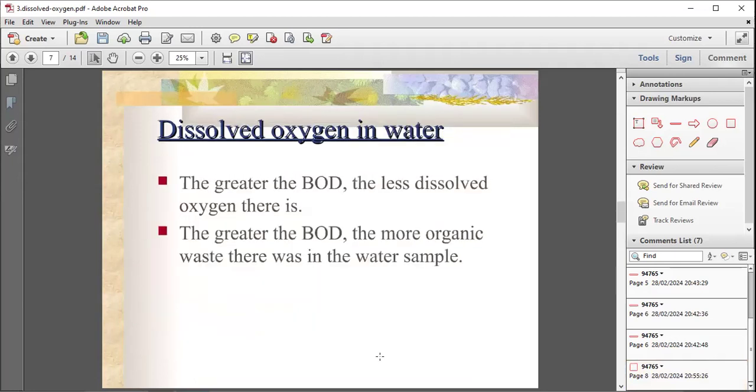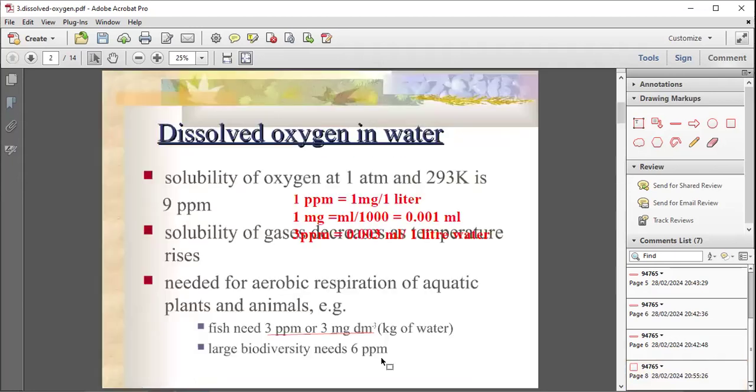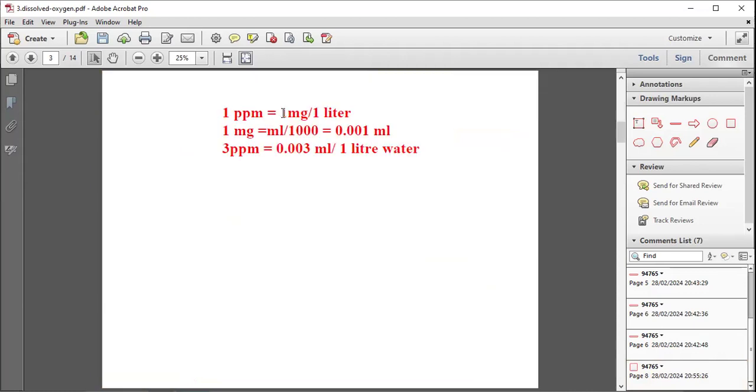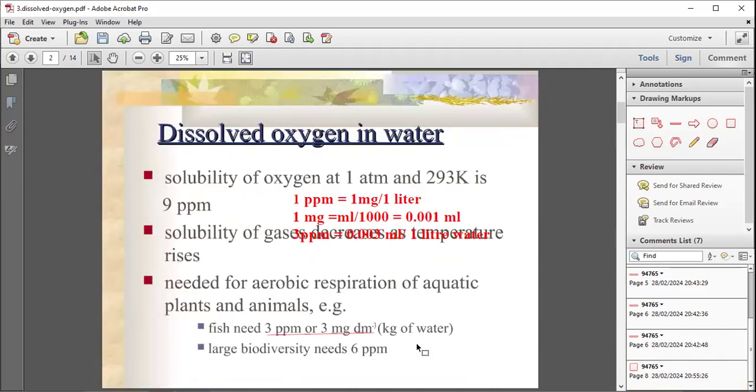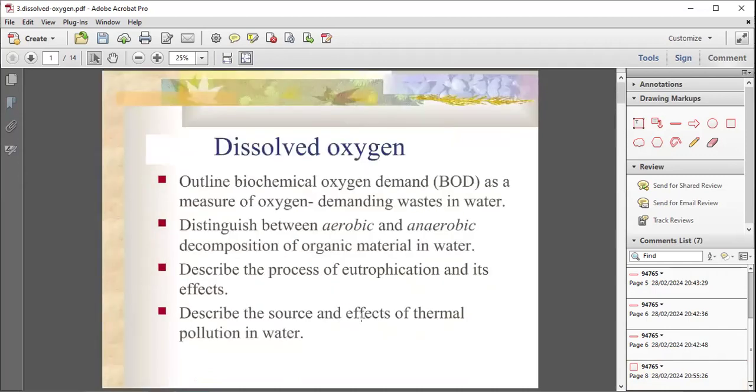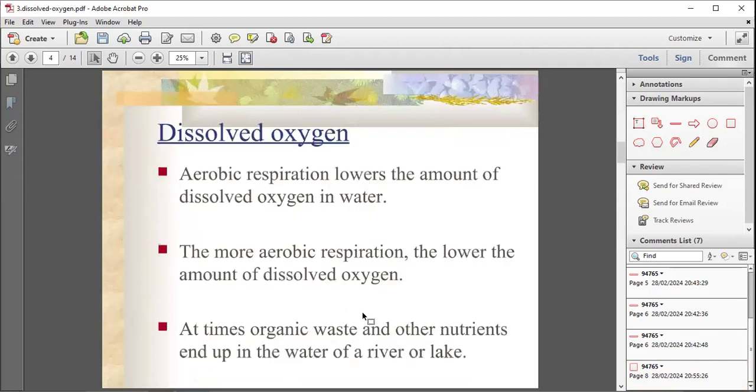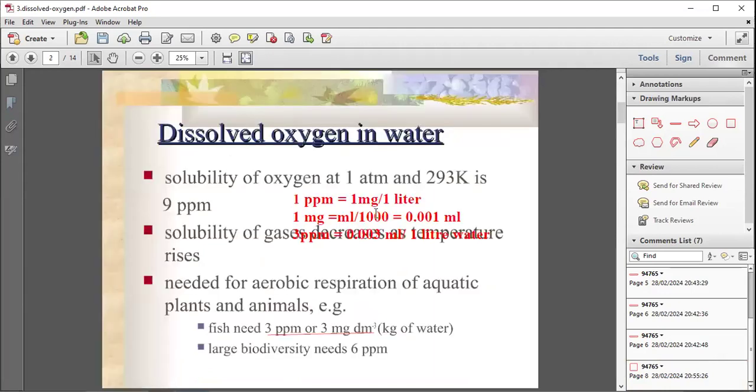This is the unit conversion, 1 milligram per liter. No problem, this is an interesting subject. You have calculation parts and theoretical parts also.